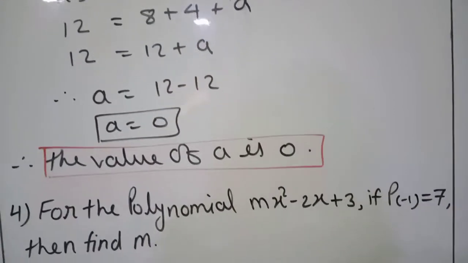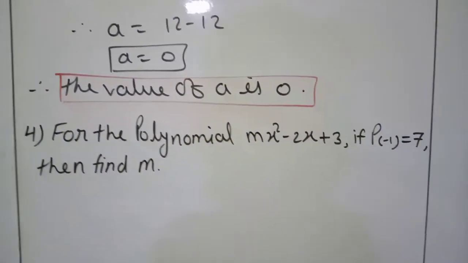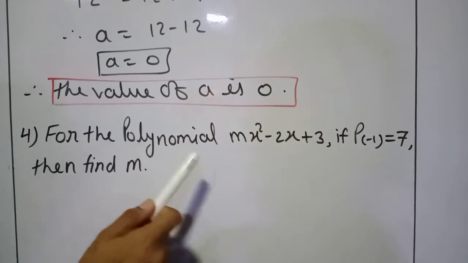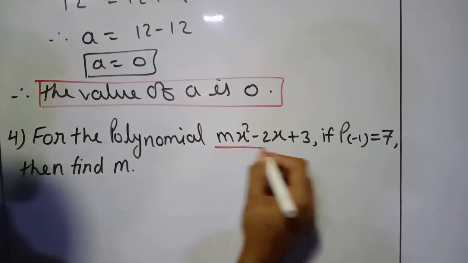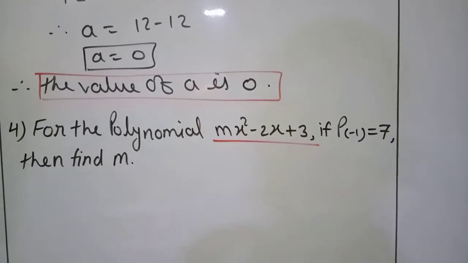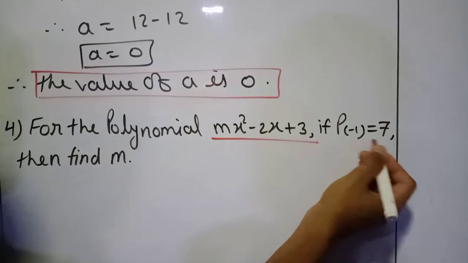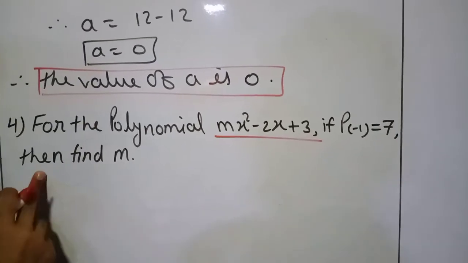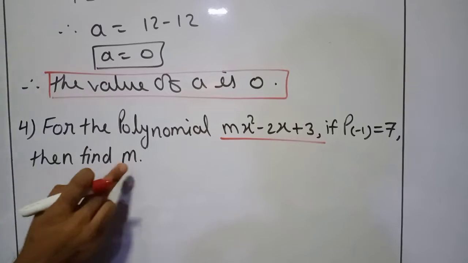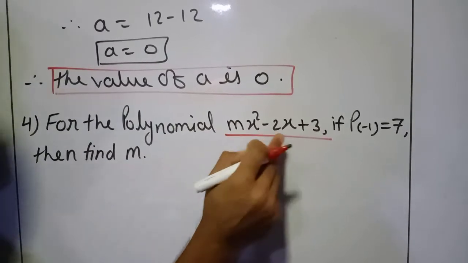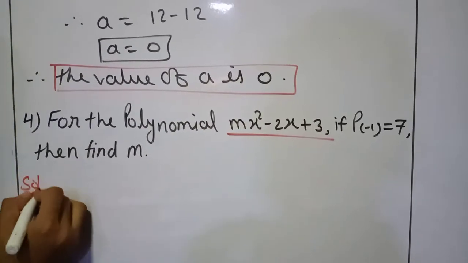Now the question number 4, that is for the polynomial mx square minus 2x plus 3, if p minus 1 is 7, then find the m. Means here we want to find m, the main variable is x over here. So let's start.